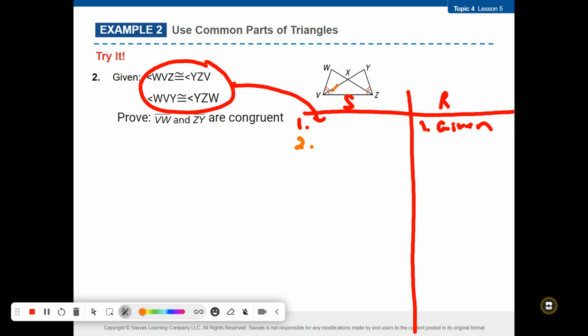So I'm going to state that the measure of angle WVY is equal to the measure of angle YZW, and I'm going to state that the measure of angle WZV is equal to the measure of YVZ.